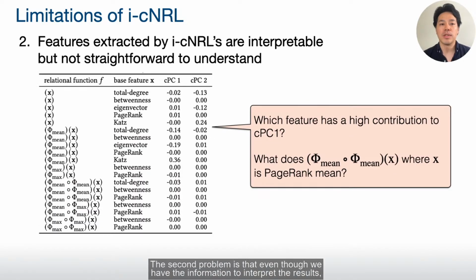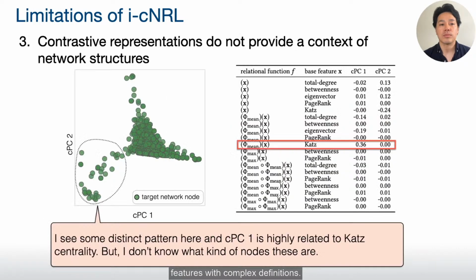The second problem is that even though we have the information to interpret the results, understanding these direct outputs is not straightforward, because there could be many features with complex definitions. Lastly, even if we solve these problems, it is still not intuitive enough to directly analyze contrastive representations, because they do not provide the context of network structures.